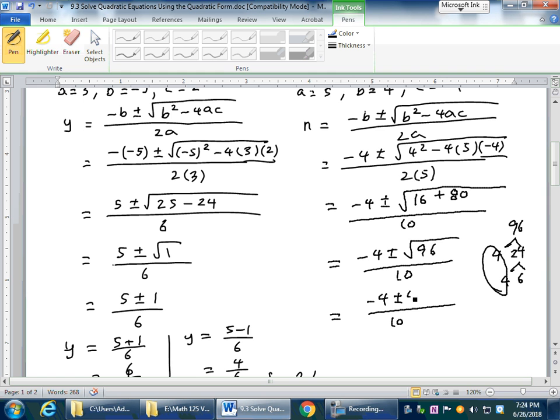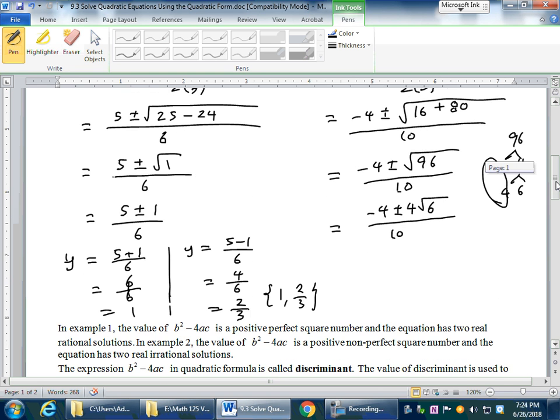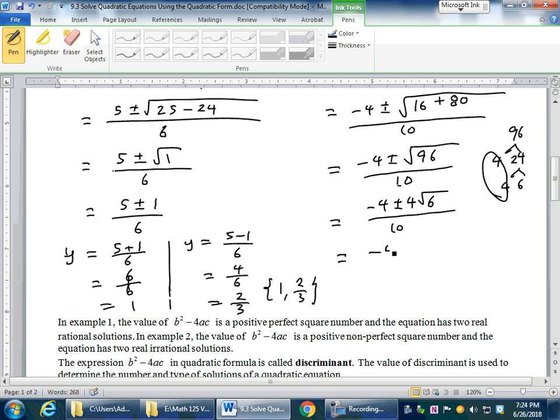So we get 4 square root of 6. Finally, to simplify this, that will be negative 4 over 10 plus or minus 4 square root of 6 over 10. And when I reduce it, it will become negative 2 over 5 plus or minus 2 square root of 6 over 5. So we have two answers on this one.